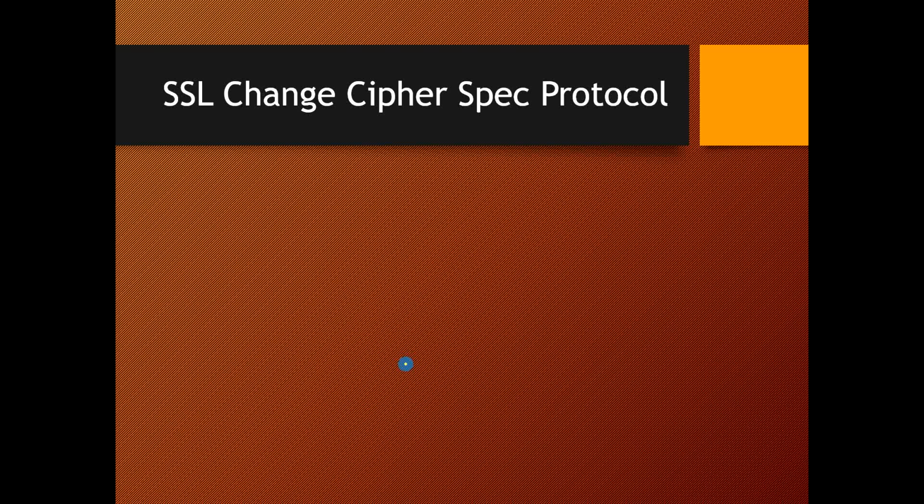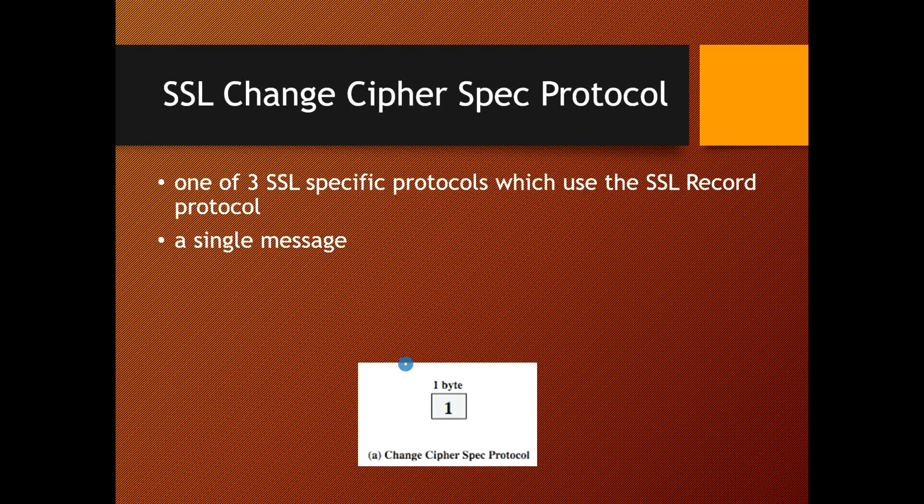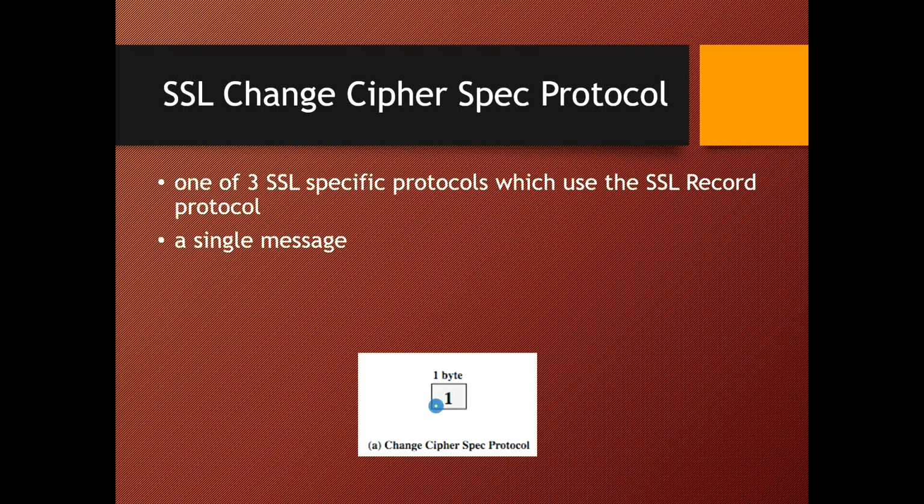If you look at the change cipher spec protocol, this is one of the three SSL specific protocols which uses the SSL record protocol, and this consists of a single message which consists of a single byte with the value 1, which is shown here. So this is a single message which consists of a single byte with the value 1.